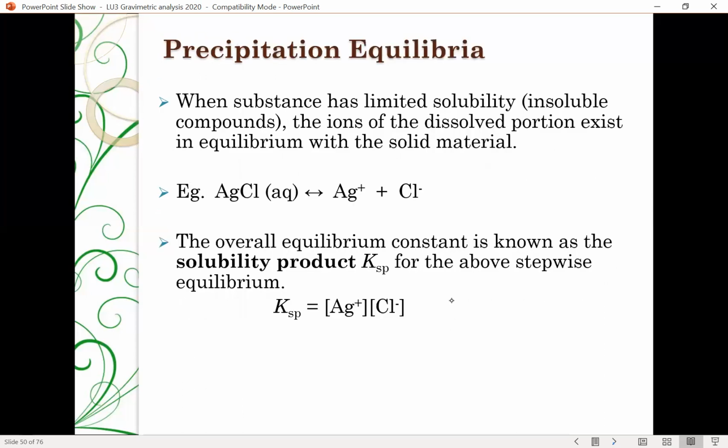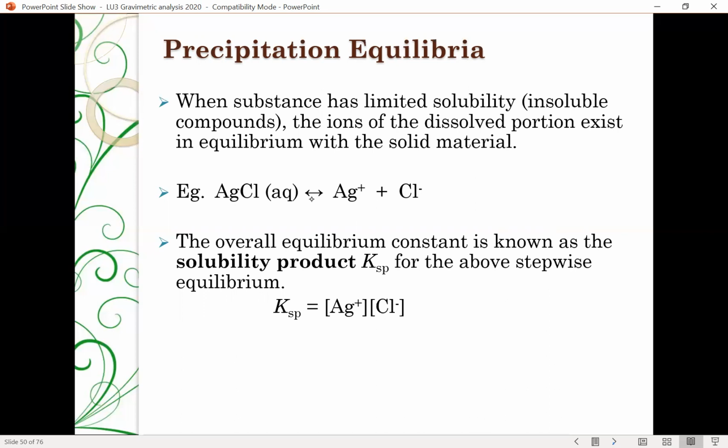Now we move to another section of our lecture for LU3, which is gravimetric analysis. This is about precipitation equilibria. When a substance has limited solubility, or we call it an insoluble compound, the ions of the dissolved portion exist in equilibrium with the solid material. For example, AgCl is in equilibrium with Ag plus and Cl negative.